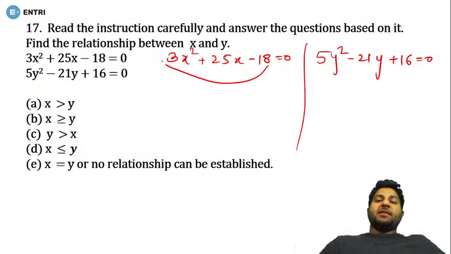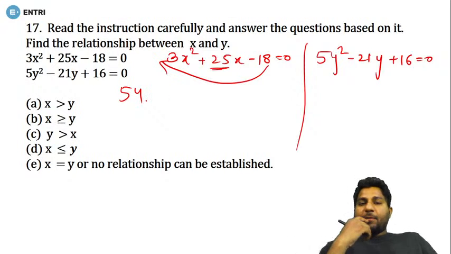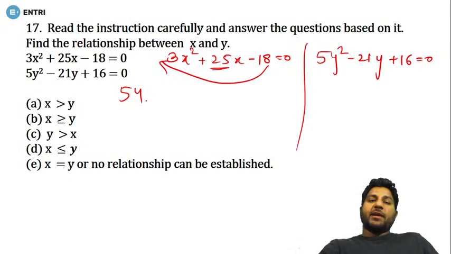Look, 18 threes are 54. Now tell me how you are going to reach like this. Tell me how you are going to make it.